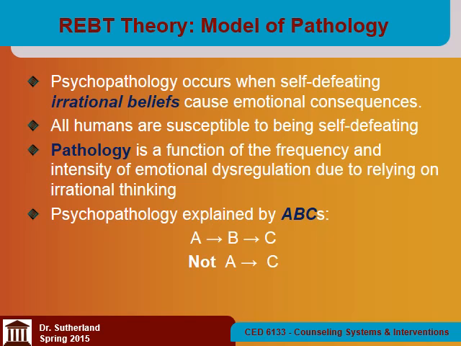A distinction to be sure that you understand is that everyone in some way, shape, or form engages in irrational thinking. The difference between someone who develops a pathology and someone who does not rests in the frequency and intensity of the emotional dysregulation that is influenced by the level of irrational thinking.